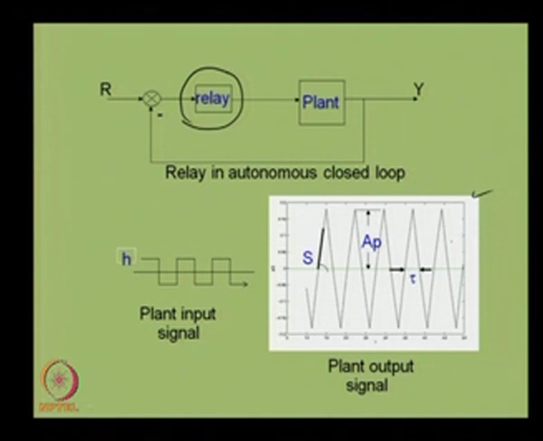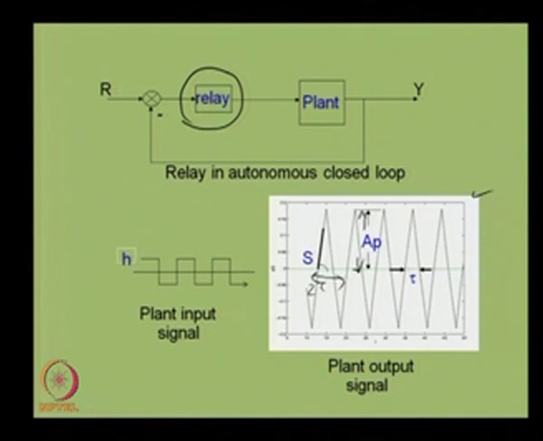So, it gives a typical oscillatory output, a periodic output as well, which has got some peak amplitude given by A p, and the time period given by 2 tau.